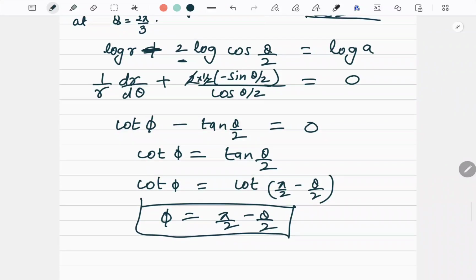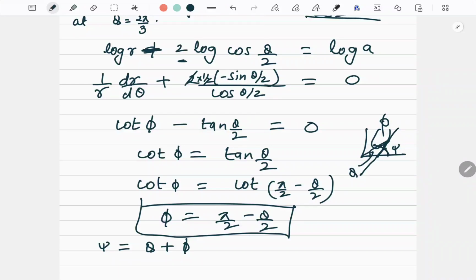Now the second part is I need to find out psi. Psi is theta plus phi. If you remember, I told you that when you make this diagram, there is a triangle and this psi is the exterior angle, which is equal to the sum of these two angles. So this angle is phi and this angle is theta.